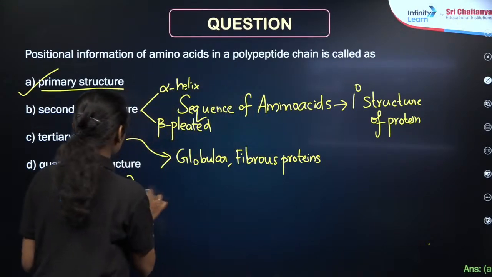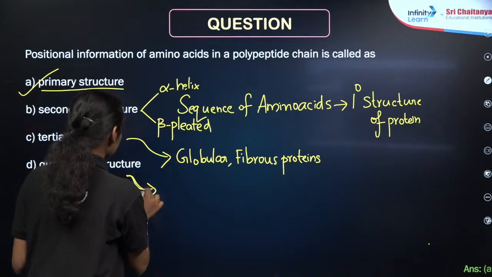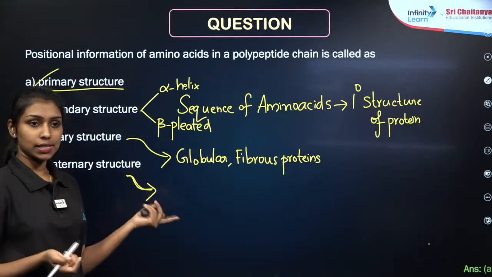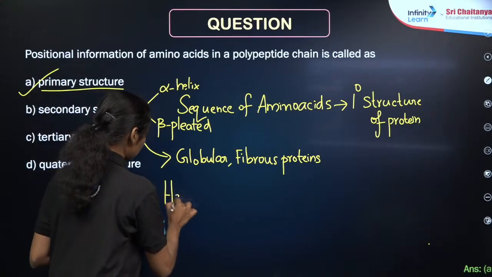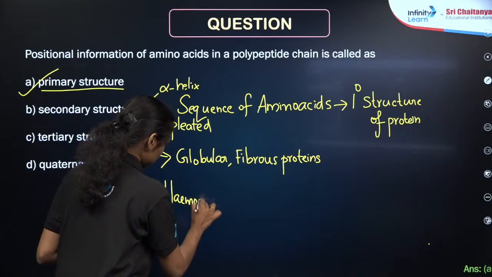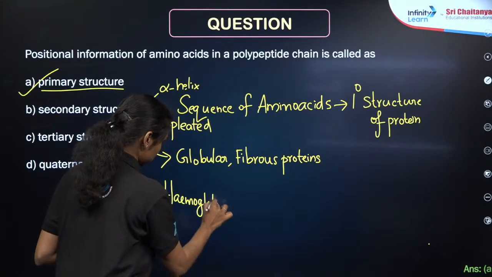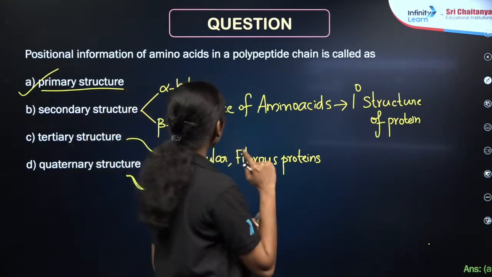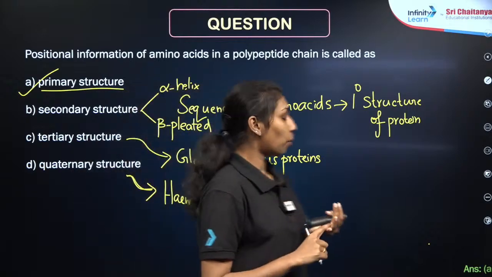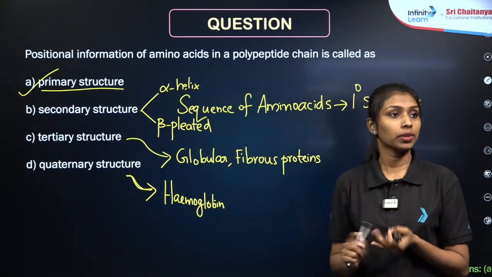Then quaternary structure: different subunits are present, for example, hemoglobin. So structure of proteins is also a very important topic from the JEE Main examination point of view.